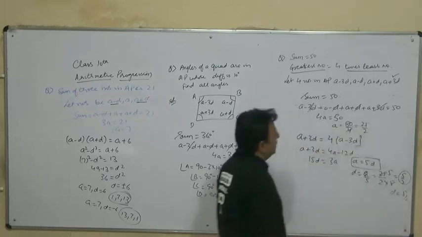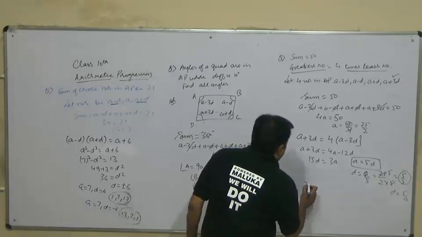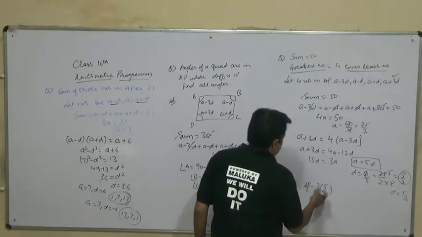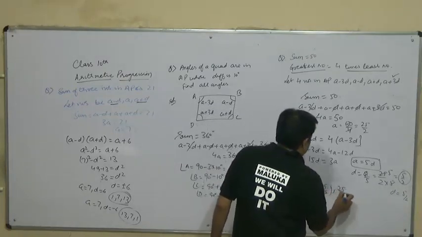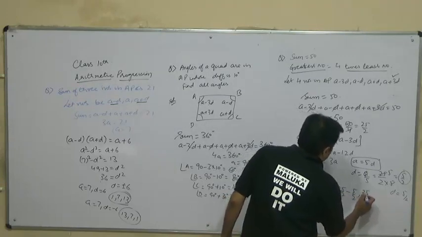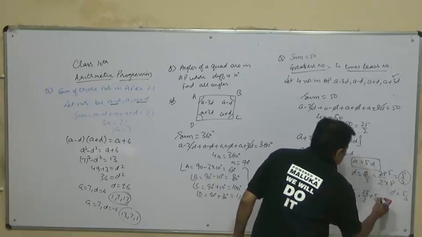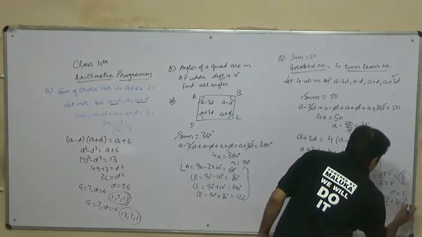Now we can write the numbers. What are the numbers? Numbers will be 25 by 2 minus 3 into 5 by 2, that is a minus 3d. Then the second number 25 by 2 minus 5 by 2, a minus d. Now a plus d, 25 by 2 plus 5 by 2, and 25 by 2 plus 3 into 5 by 2.